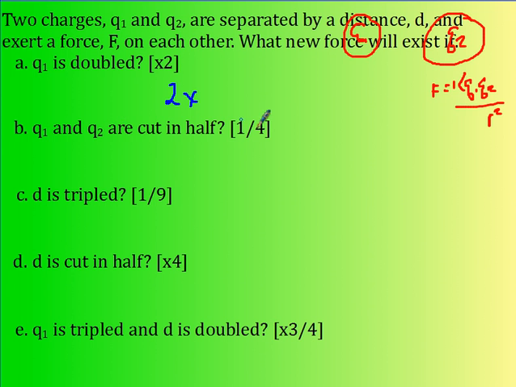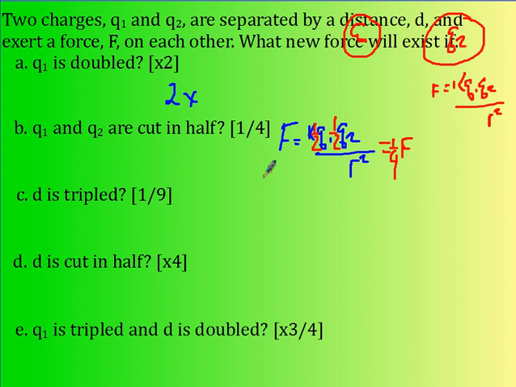What if Q1 and Q2 are cut in half? Well, just write your formula out. K Q1 Q2 over R squared. Now Q1 is cut in half, so I'm going to put a 1/2 here. Q2 is cut in half. 1/2 times 1/2 gives me 1/4 of the original force.